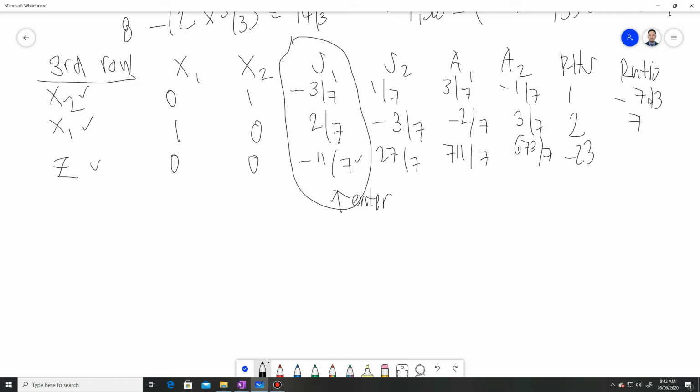Now, which one shall we pick? We will pick the non-negative lowest. So we will not choose this, but instead we will choose this as our leaving variable.